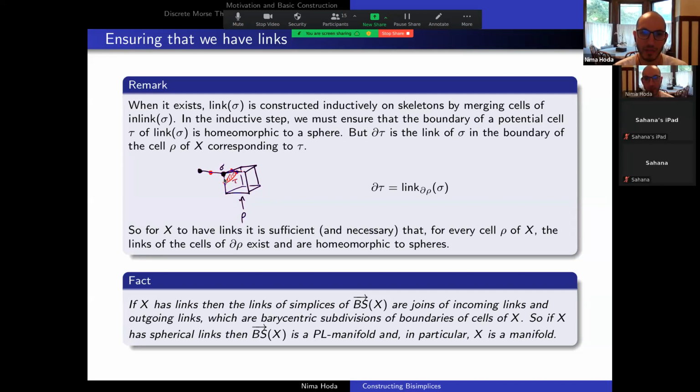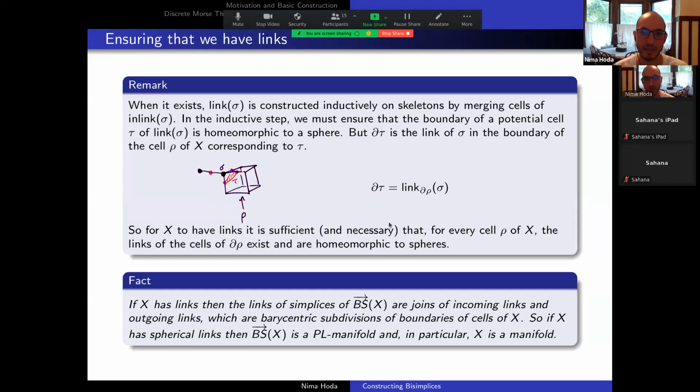So if tau is the cell we want to build in the link of sigma, it corresponds to some cell of X, rho, and the thing we need is that the boundary of tau is a sphere that's the same as the link of sigma in the boundary of rho existing and being homeomorphic to a sphere.